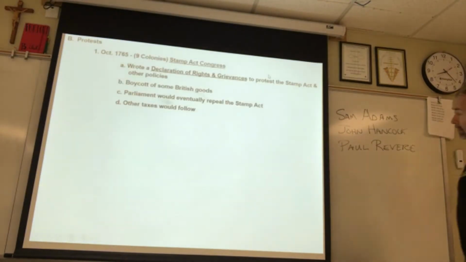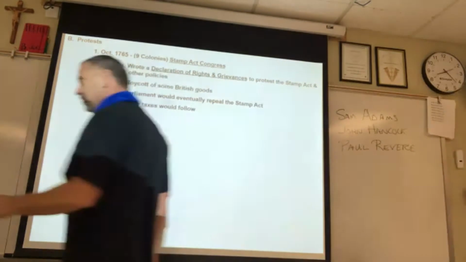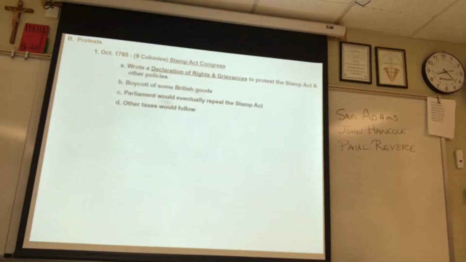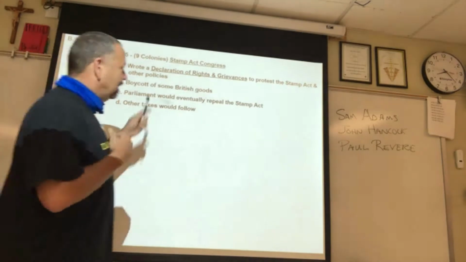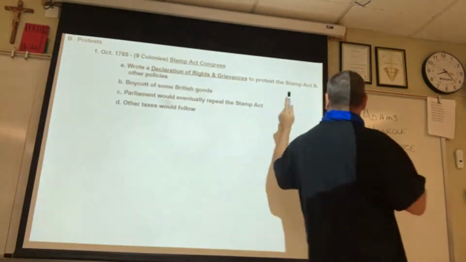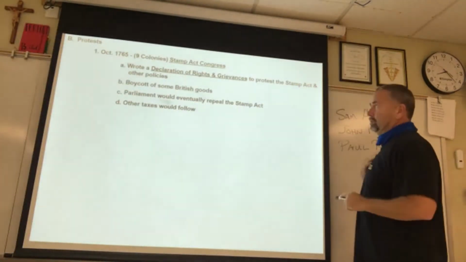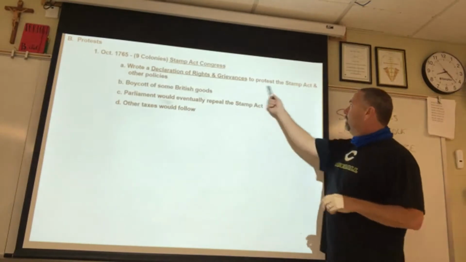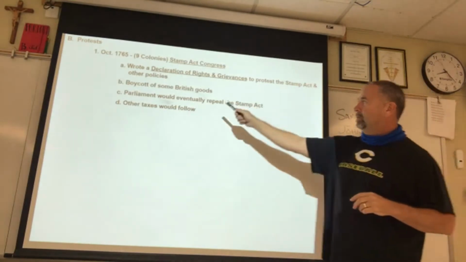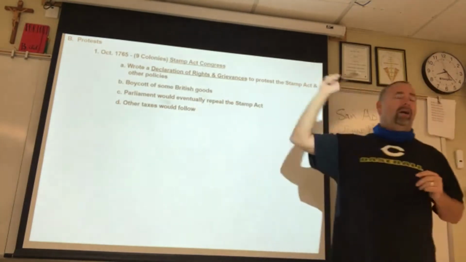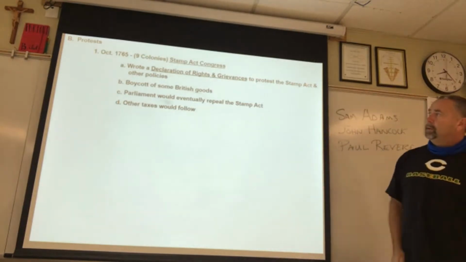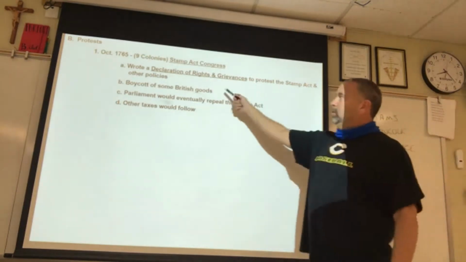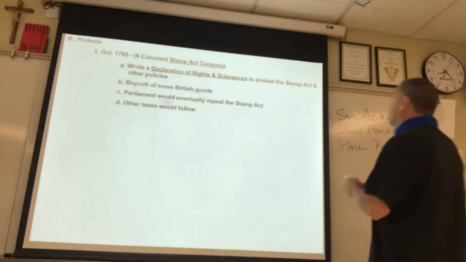When they passed the Stamp Act, there's another Adams that I mentioned, John Adams. He's going to write the Declaration of Rights and Grievances to protest the Stamp Act and their policies. You're going to start boycotting British goods. This Declaration of Rights and Grievances is written by John Adams.